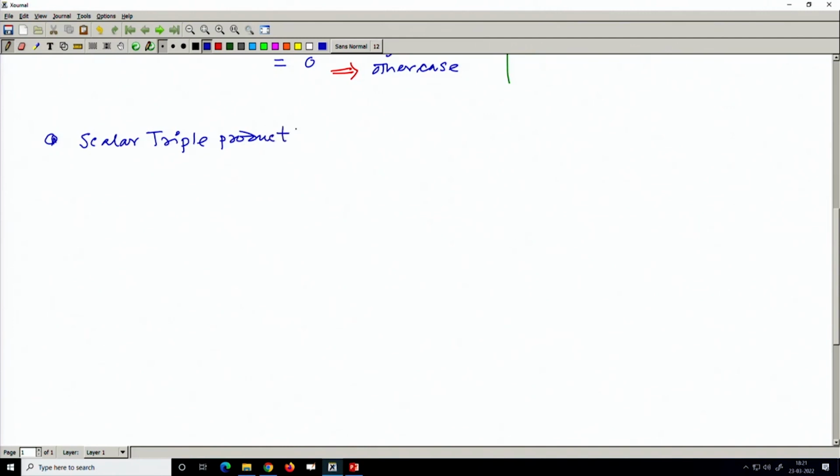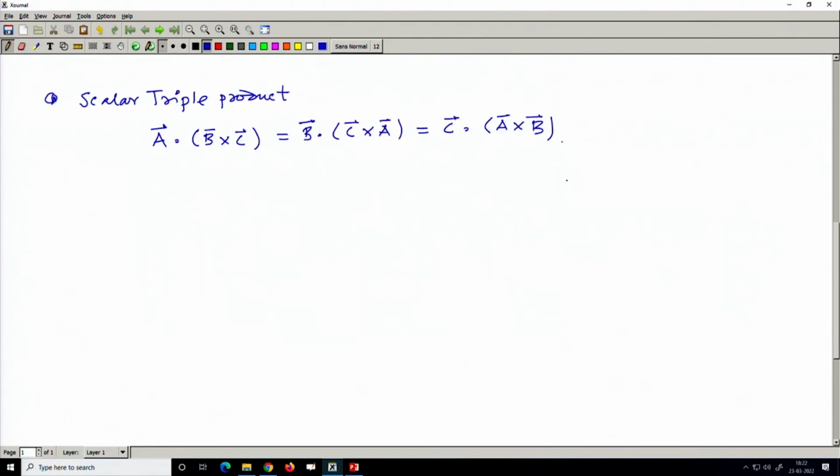In the scalar triple product, we know one very well known identity: if A, B, C are three vectors, then A dot B cross C is equal to B dot C cross A, and that is equal to C dot A cross B. This identity one can prove easily using these Levi-Civita symbols.